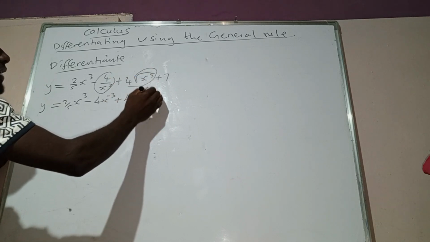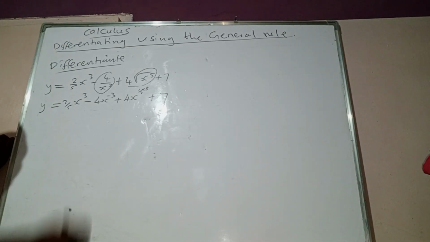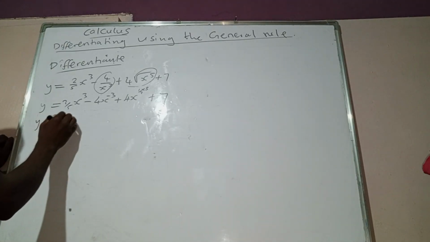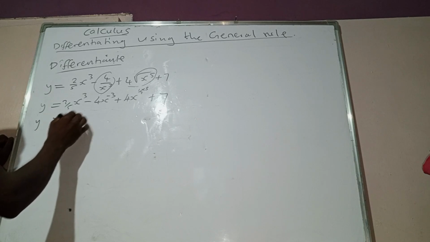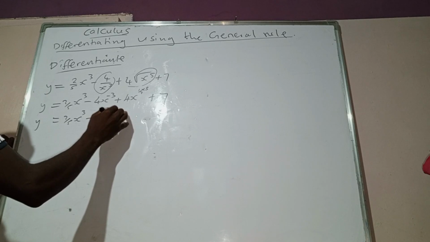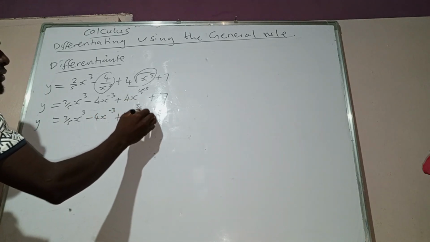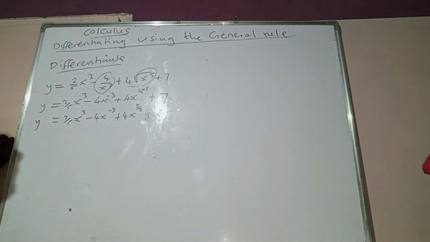We multiply it with 5 plus 7. So again, we are going to have y is equal to 2 over 5 x to the power 3 minus 4x to the power negative 3 plus 4x to the power 5 over 2 plus 7.